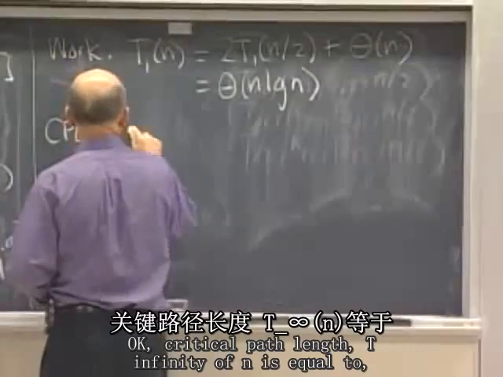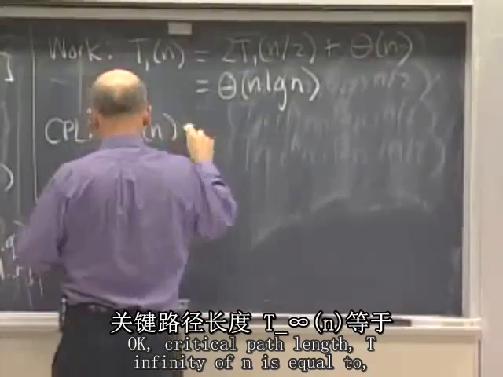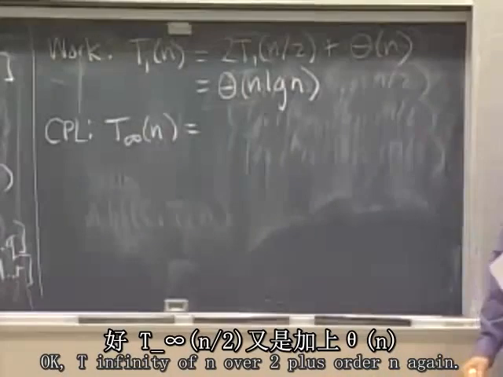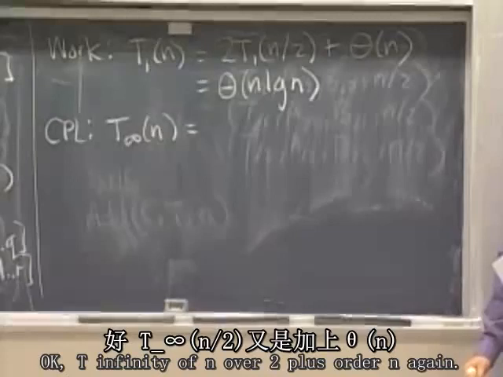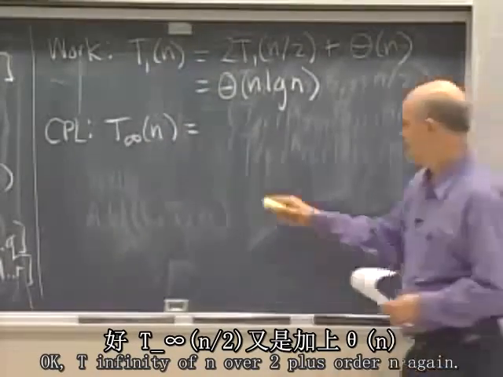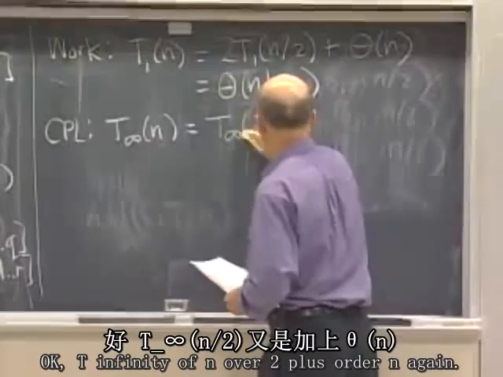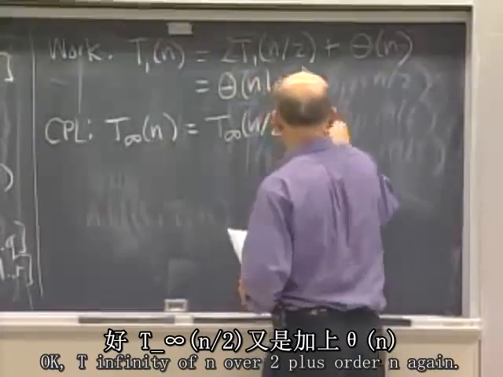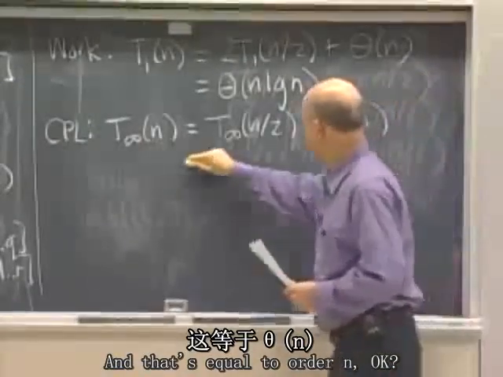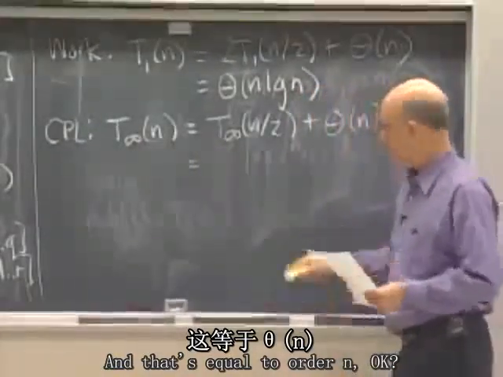T infinity of n is equal to T infinity of n over 2 plus order n again. And that's equal to order n.